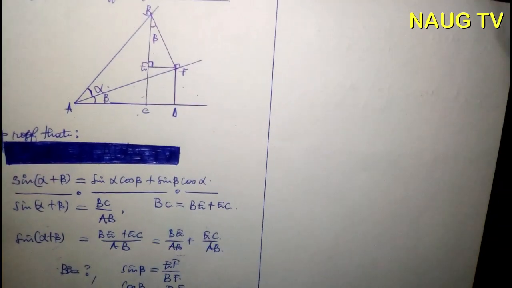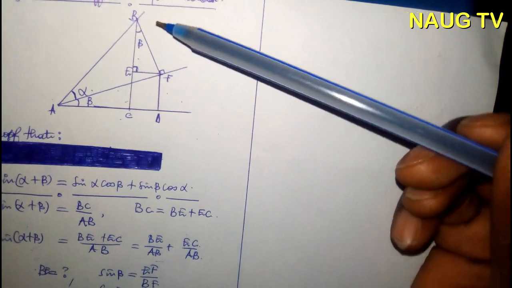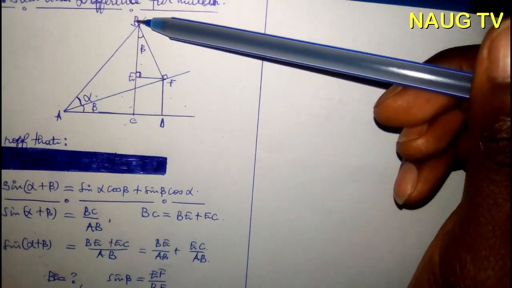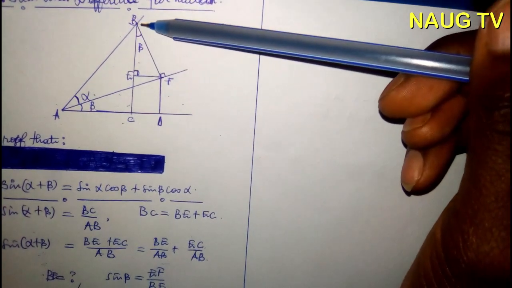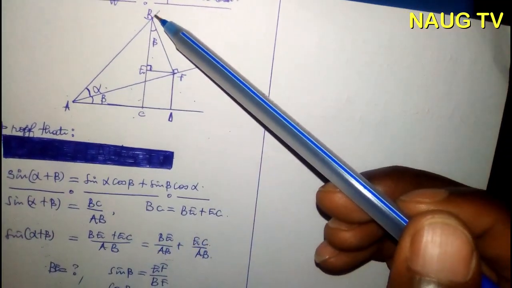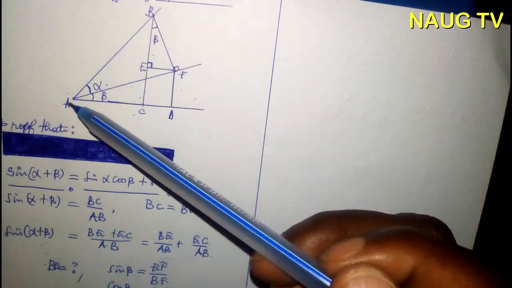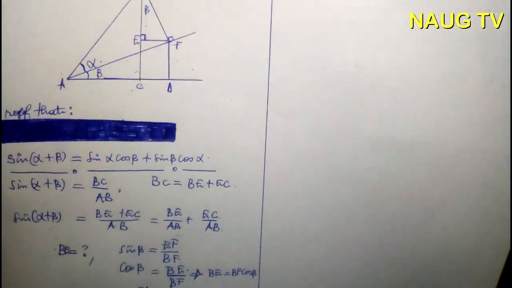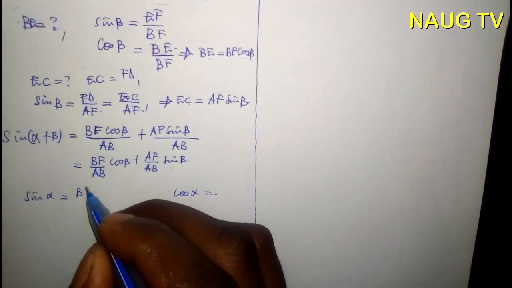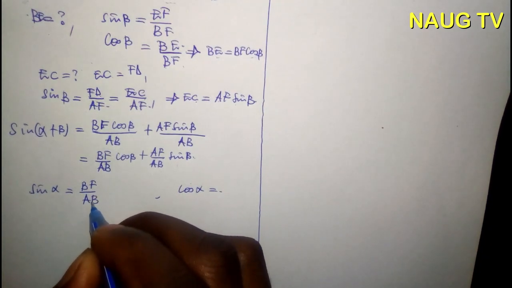So sine of alpha would be given by the opposite side of this angle alpha, which is the distance BF, over the hypotenuse, which is the distance BA or AB. So it means that it is BF over AB, right?